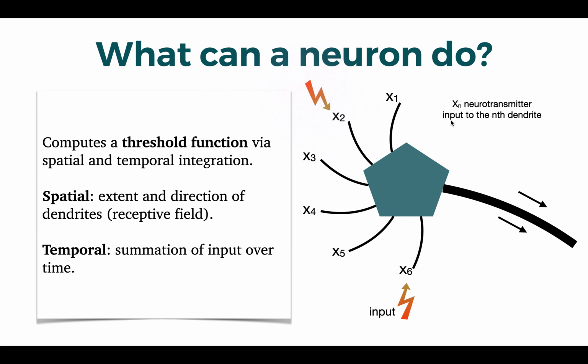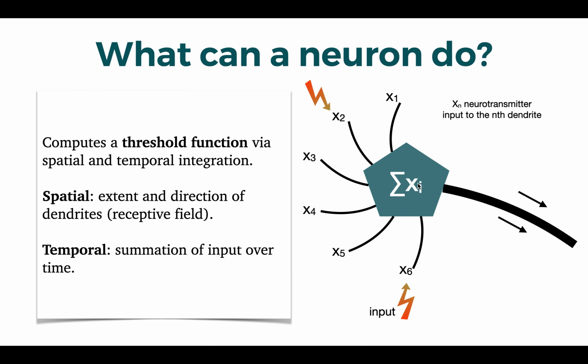All right. Now, when we have input, the body of the cell is summing that input over time. So essentially what this is saying is I want to take the sum of every instance of neurotransmitter input over time.